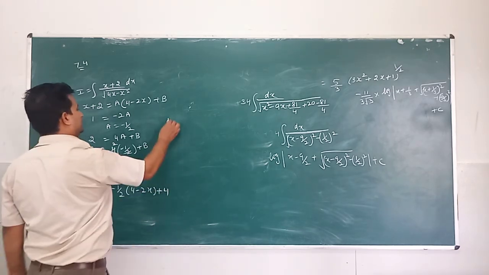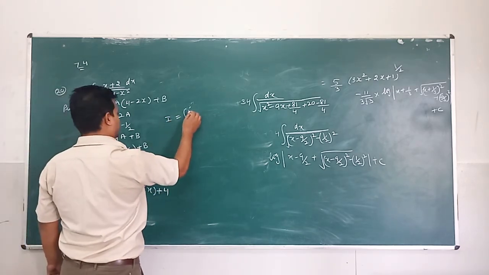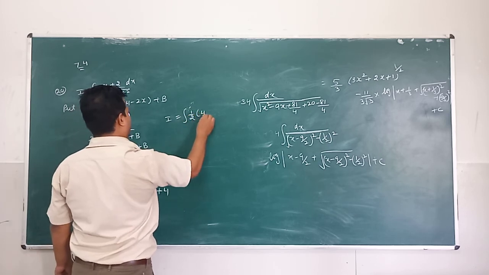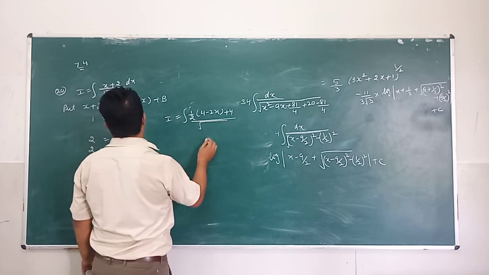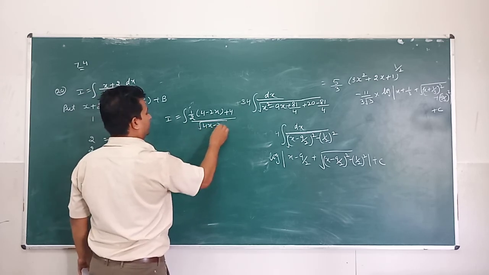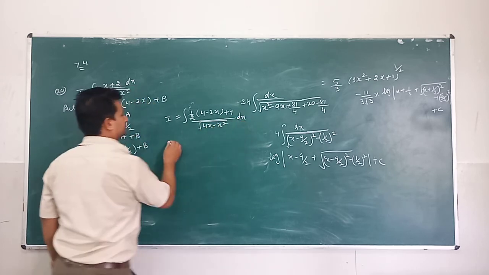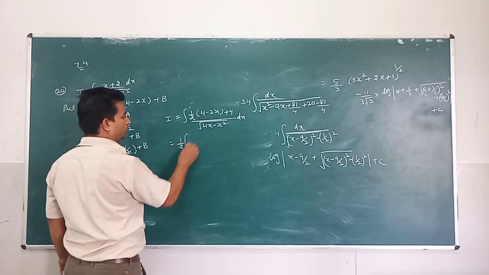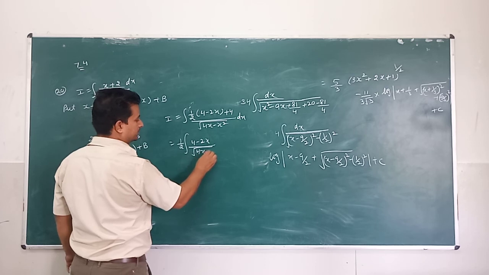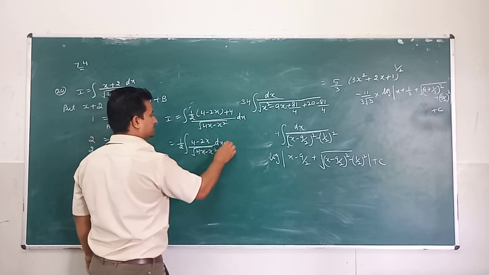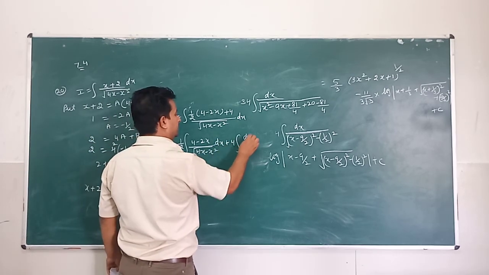When we put the value here, this is minus 1/2 times (4 minus 2x) plus 4 upon the square root of 4x minus x square. So this is minus 1/2 times (4 minus 2x) times (4x minus x square) to the power minus half dx, plus 4 dx upon the root of 4x minus x square.